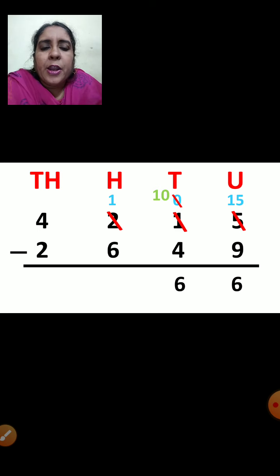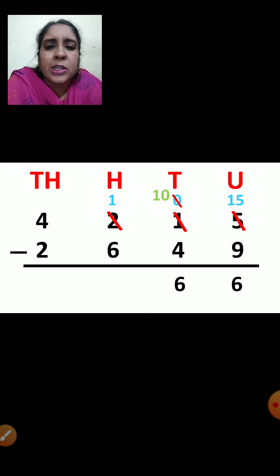Very good. Now we will go to the hundreds place. Now see here in the hundreds place again the above number is small, 1. You cannot subtract 6 from 1. Isn't it? So what will you do? You will borrow from the thousands place. So you will cut 4. What will be left in the thousands place now? 3. And you will go to the hundreds place.